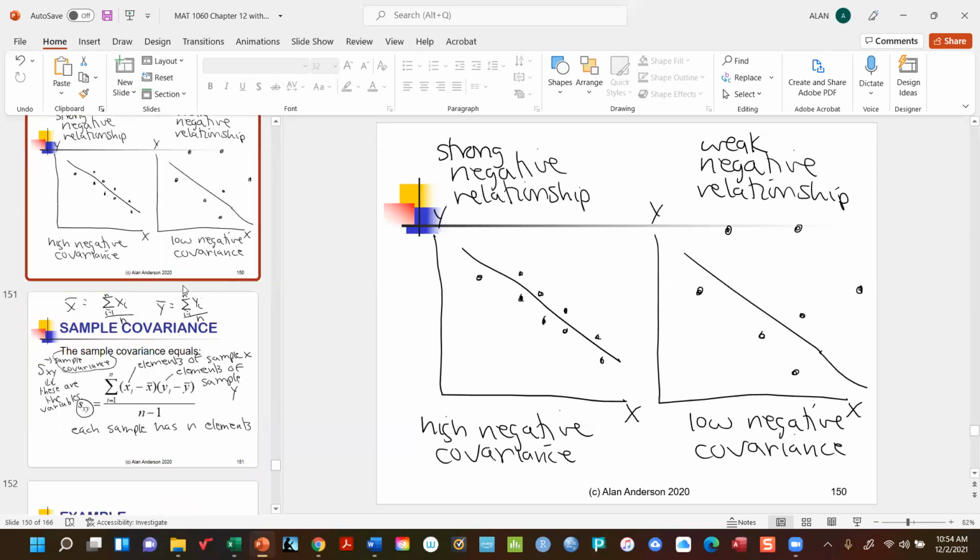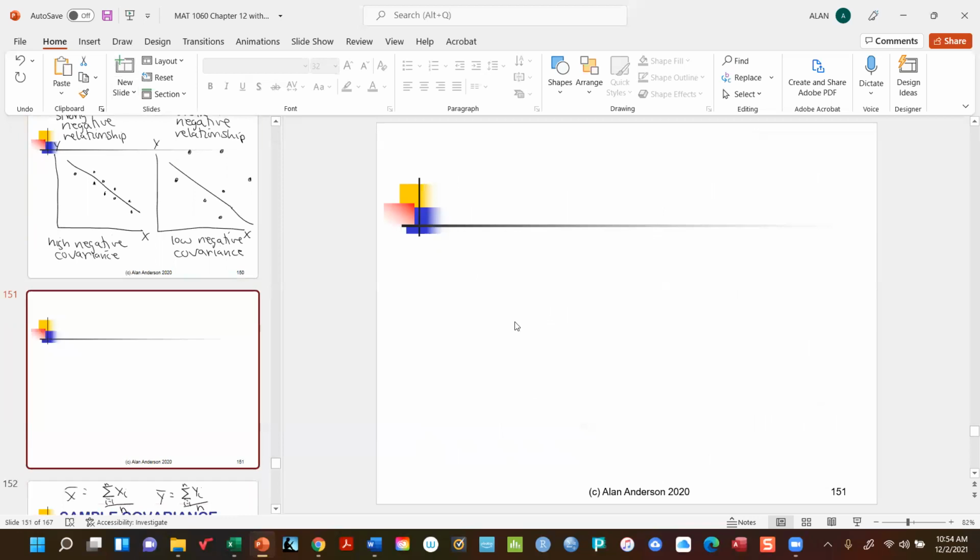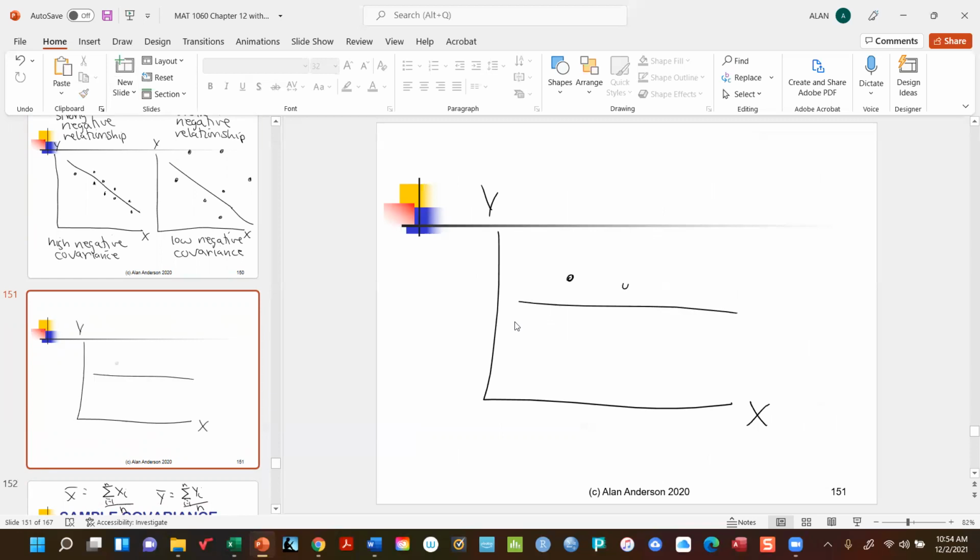Now, there's another possibility. Let me just remind you of the case where they're not really related at all. And so you get something like this, a flat trend line. And these are two variables that are simply unrelated to each other. So the covariance will be very close to zero.